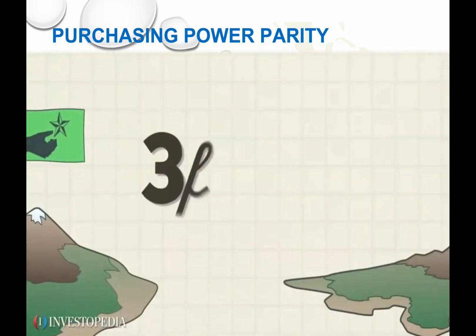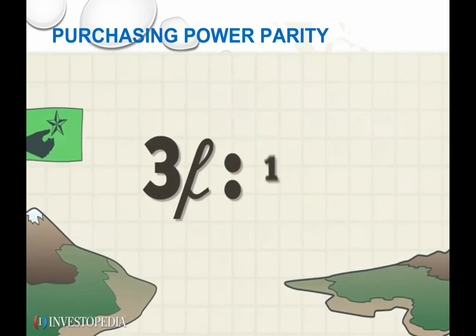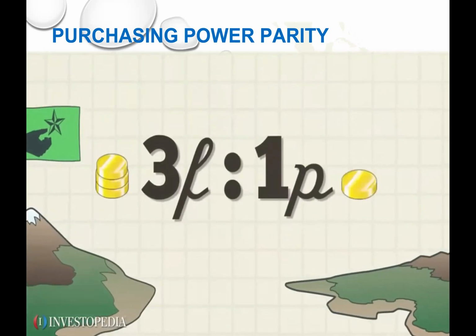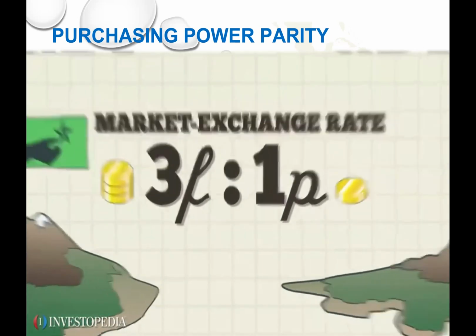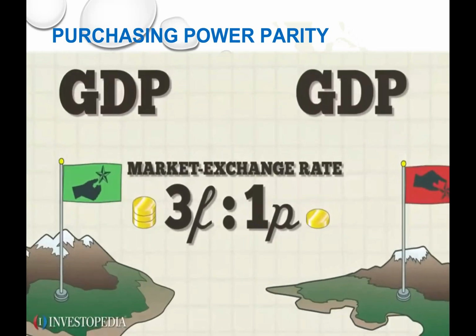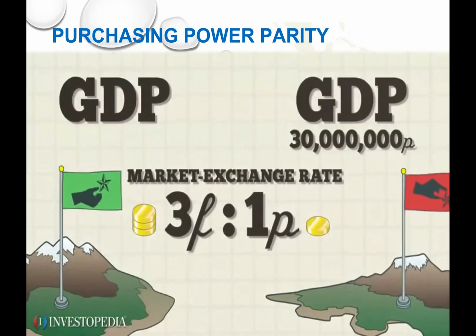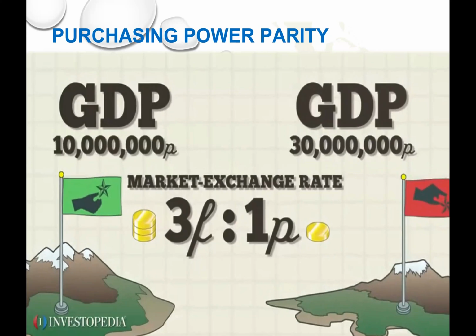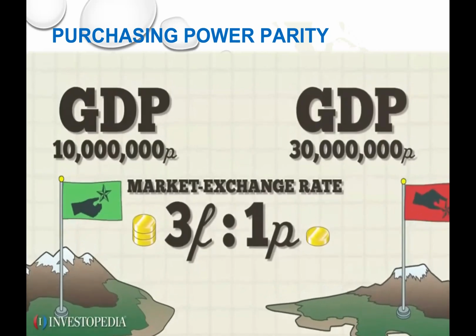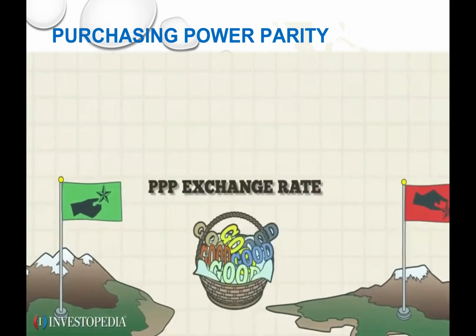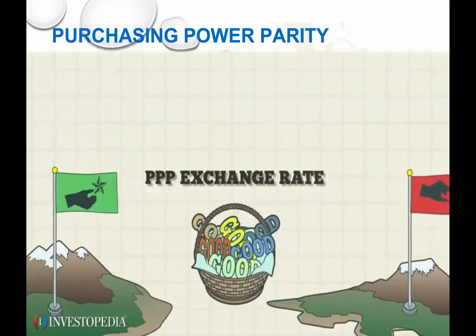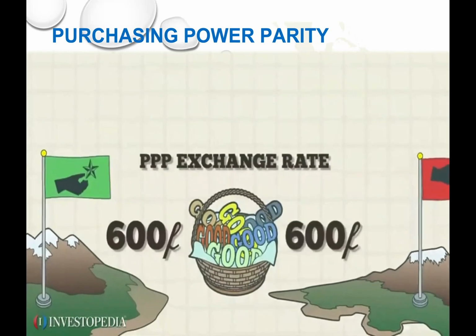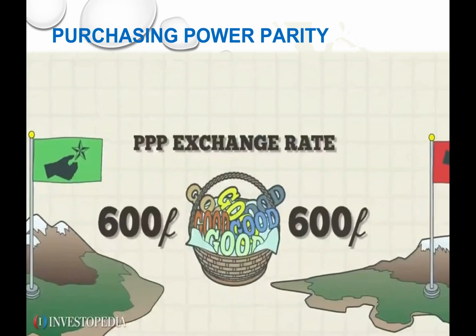It takes 3 Frionia dollars to buy 1 Controlia pound. So using the market exchange rate to compare GDPs, it would look as if Controlia's GDP were 3 times the size of Frionia's when expressed in the same currency. Using the PPP exchange rate would eliminate this bias and show that the GDP for each country is the same.